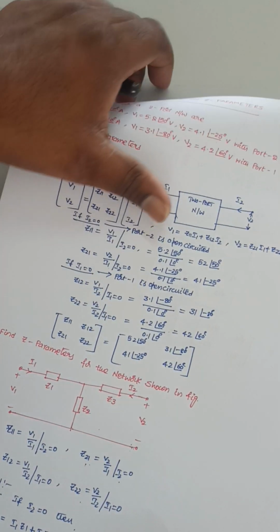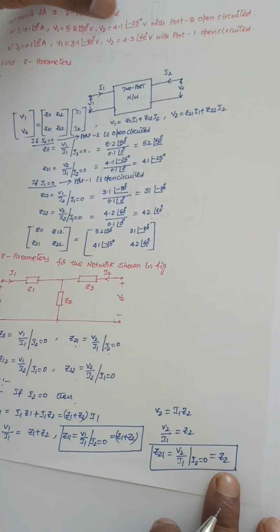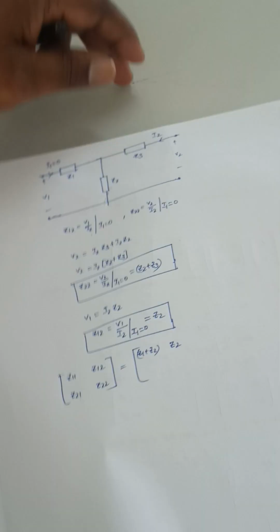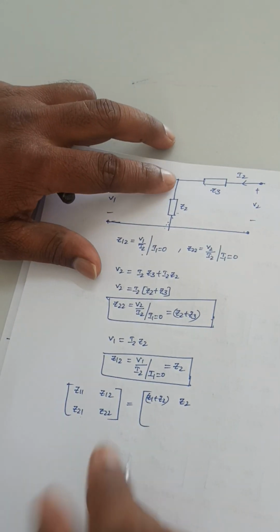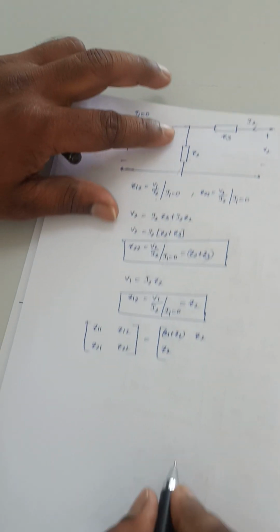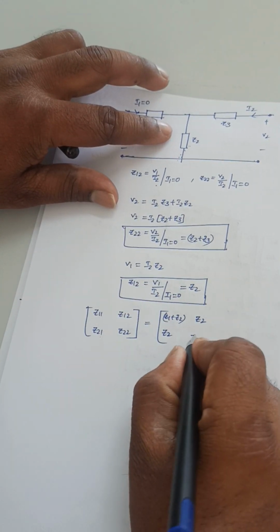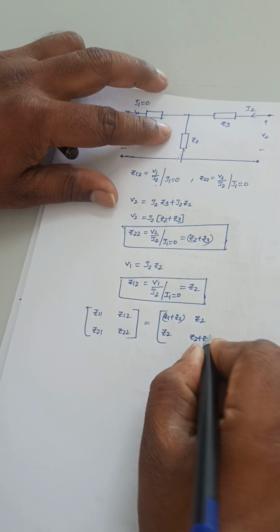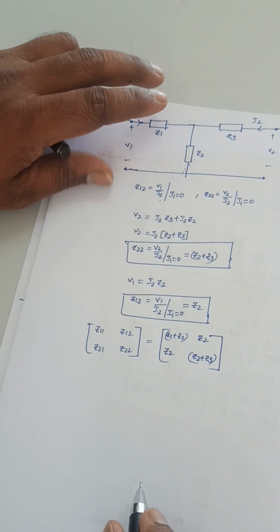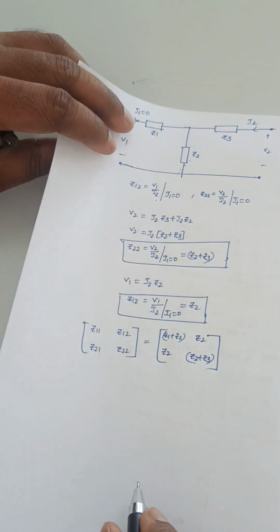Z21 is Z2 here. Z22 value is Z2 plus Z3. So this is the first method of solving this type of problems.